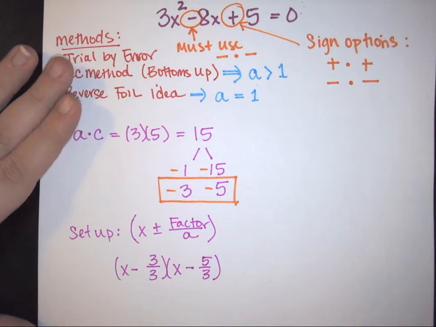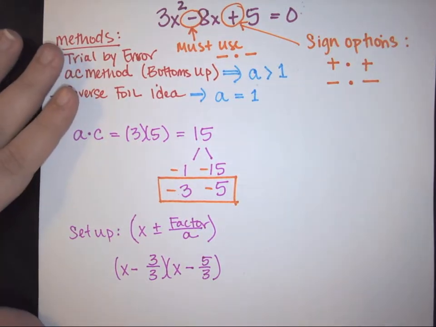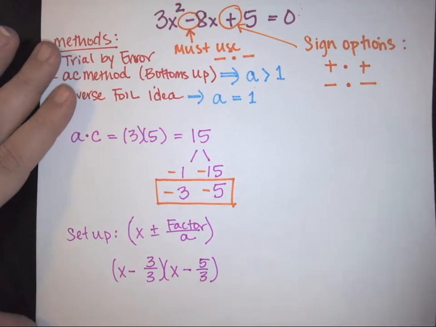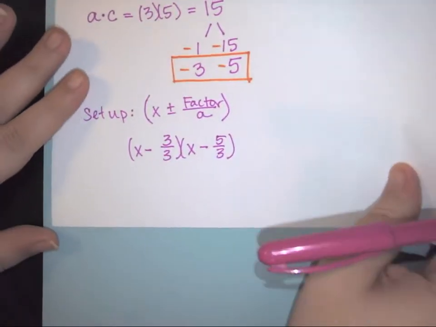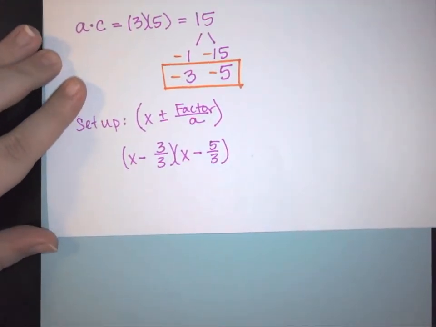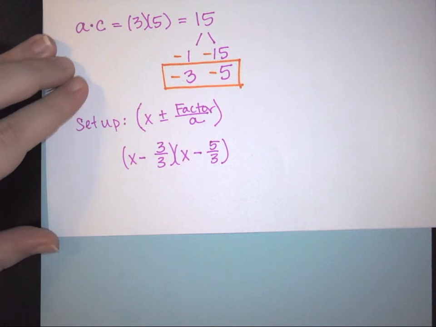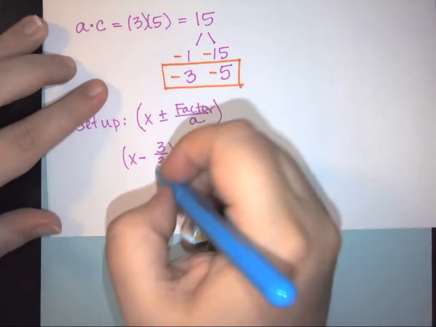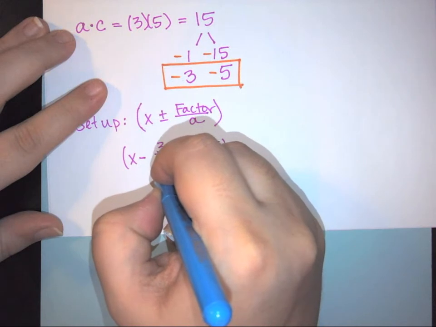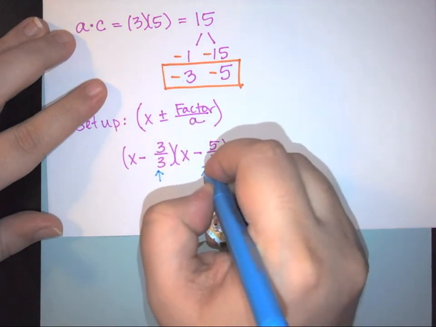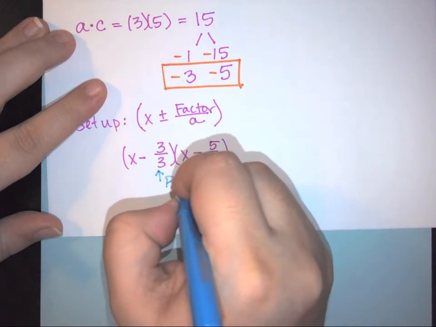Once we get all of that set up, we have to reduce the fractions. So when we're looking at these fractions here, we need to make sure that we are reducing them accordingly. So that would be this fraction here and this fraction here. So we want to reduce.